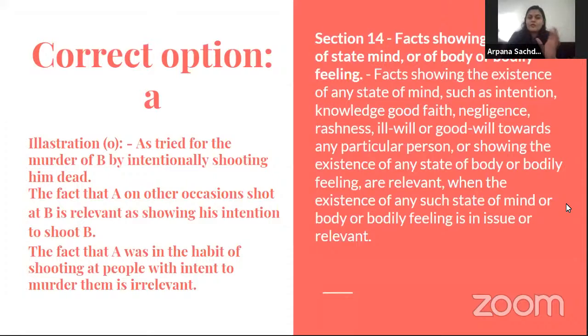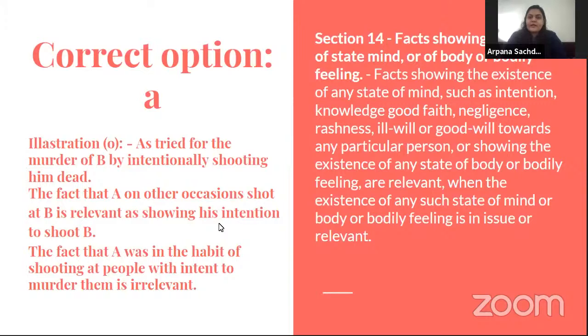So when we talk about question number 5, here illustration O is exactly taken as a question. So we can find these questions also. So we have to take the illustration into consideration also. Illustration O says, A tries for the murder of B by intentionally shooting him dead.